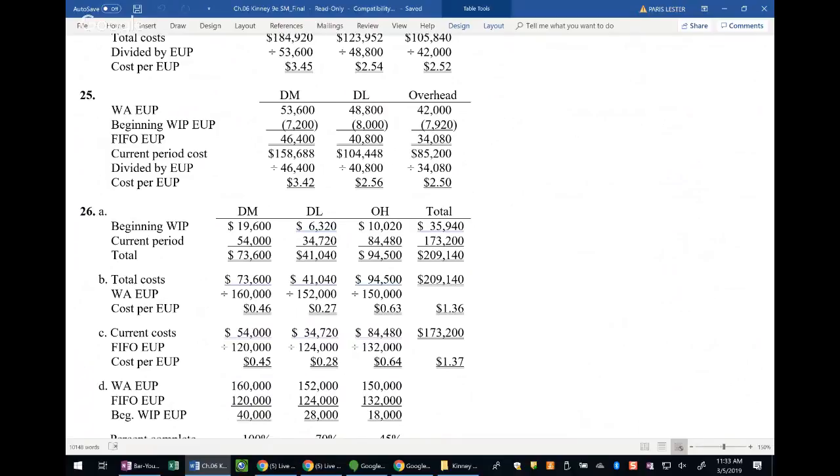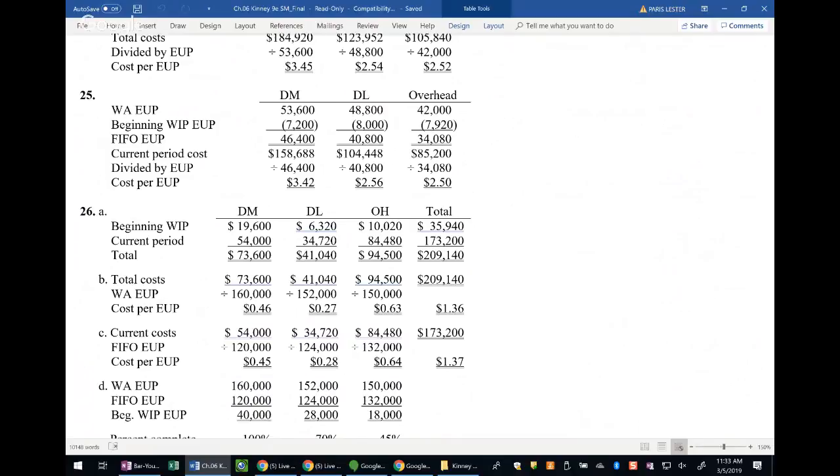The unit cost, the weighted average is 46. C part, FIFO is 45, 27, 28, 63, 64. They're all pretty close, ain't they? For weighted average, $1.36. For FIFO, it's $1.37.